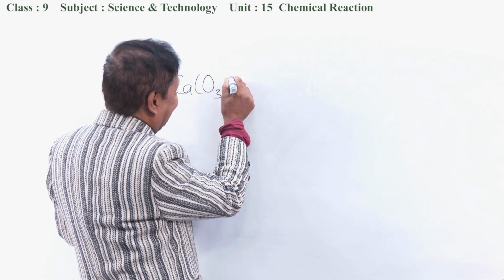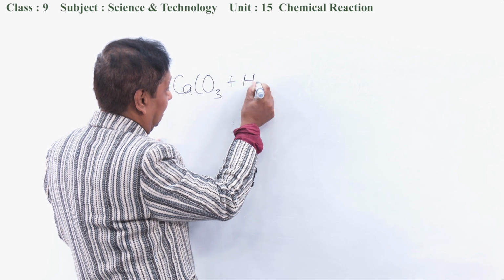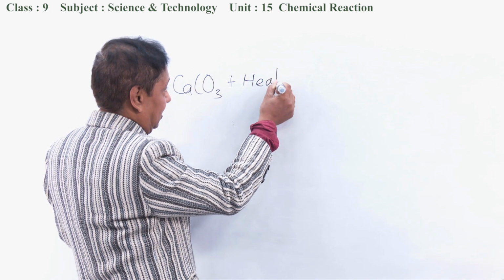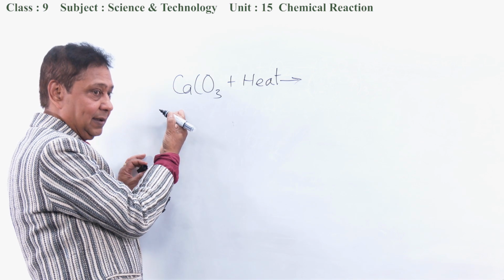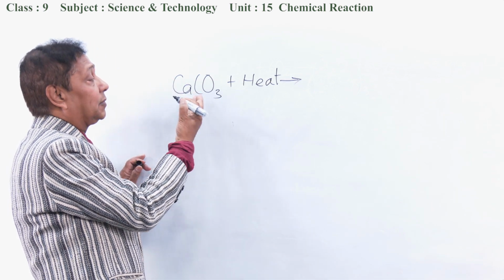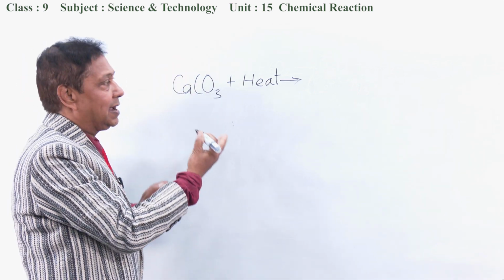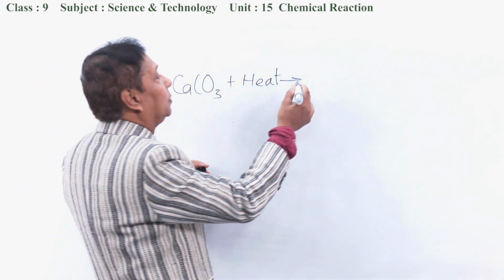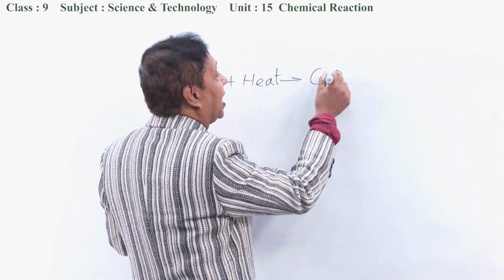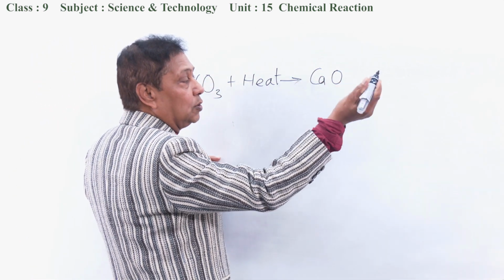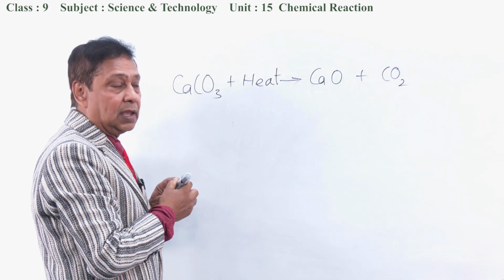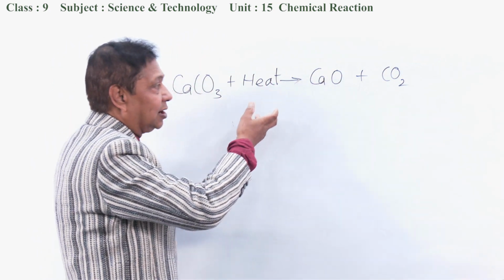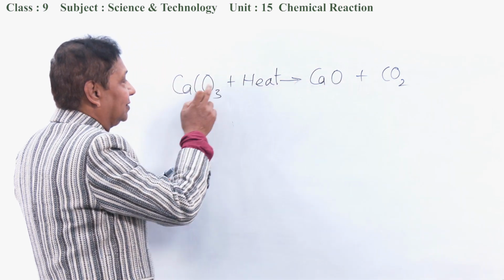When it is heated, I want to write that here because this is endothermic and I want to focus on heat. So I'm writing it in the equation. Calcium carbonate, if heated at high temperature, decomposes to form calcium oxide, valency 2, 2, equal valency, no exchange, plus carbon dioxide gas. Now, fortunately, this equation is balanced: 2 plus 1, 3.